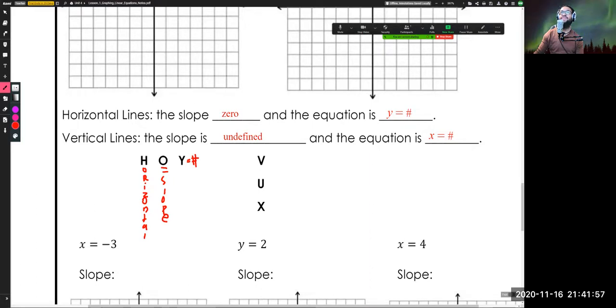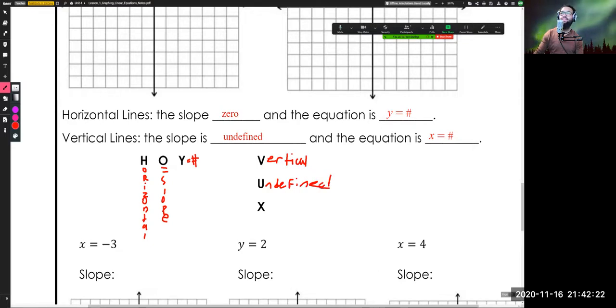VUX. V is for vertical. It's a vertical line. Let me make this I a little bit more identifiable. Vertical line. This U is going to stand for undefined. Undefined, not identified. Undefined.